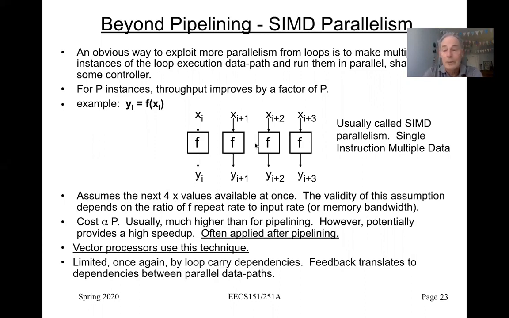The cost of this approach, unlike pipelining, which I said was very efficient in terms of its cost, is much more expensive because the cost is proportional to P, our replication factor. And this is usually much higher than pipelining. However, it can provide a high speedup. So often this is applied after pipelining.